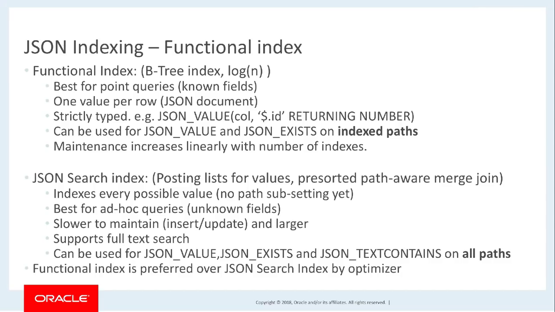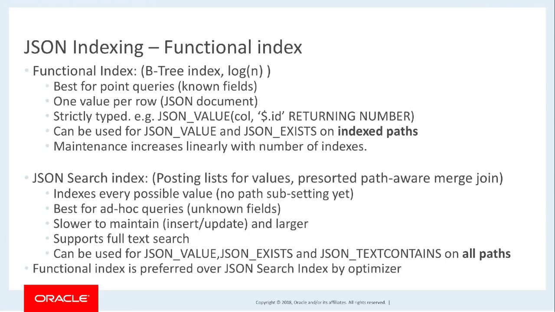So we can then look for a value in a posting list and join it with other information about the position. So this index allows us to index an entire document. There is right now no choice to pick the paths you want to index or not index. That's called path subsetting. We don't have that at the moment.